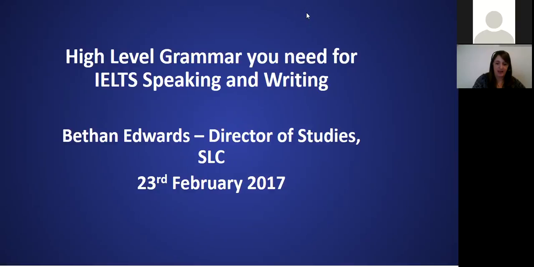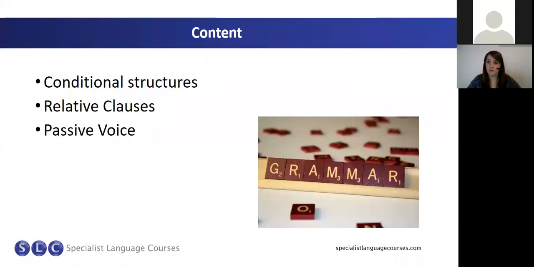So today we're going to look at three main areas. We're going to look at conditional structures and how you can use different conditional structures in speaking and in writing. We're going to look at relative clauses, and today we're going to look at extending relative clauses to give you more sophistication in your writing and more complex sentences and ideas, which you'll need for band 7 and above in writing.